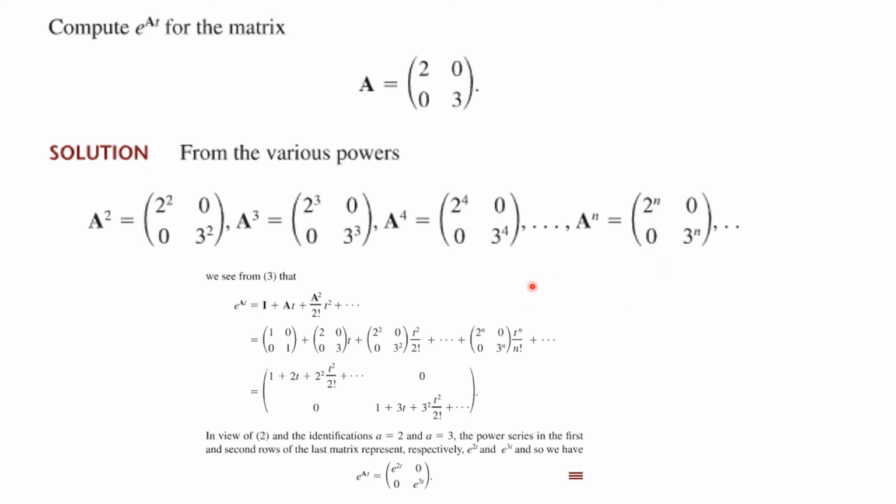So now when we use the definition, we will put these as the coefficients as we go along, and we're multiplying by t. But you see the only time you're going to be non-zero is along the diagonal, and so you'll get this infinite series here and this infinite series here, and so that means that e to the At in this case is e to the 2t in that position, it's e to the 3t in the other position, and it's 0 otherwise.